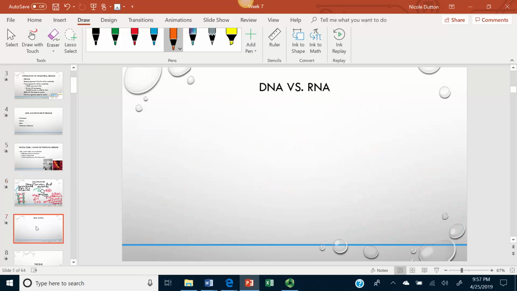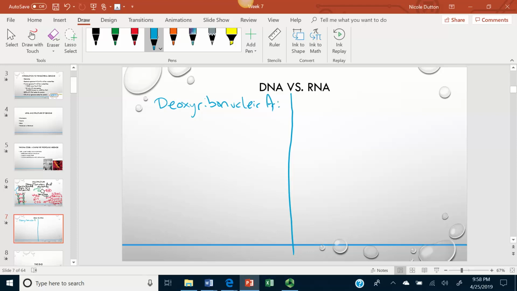So now we're going to talk about some of the differences between DNA and RNA. First of all, the name. DNA stands for deoxyribonucleic acid. While RNA stands for ribonucleic acid. And that's because of the type of sugar.